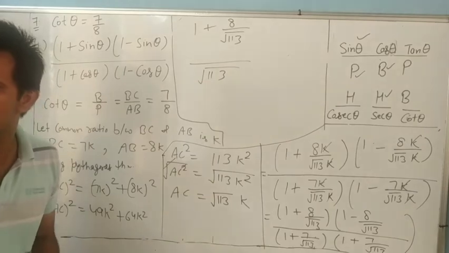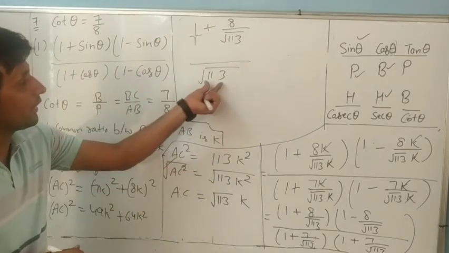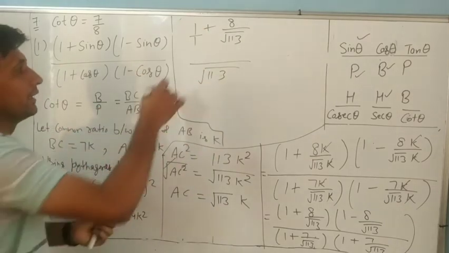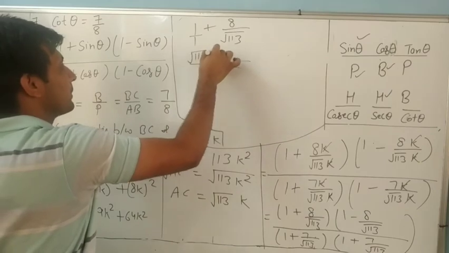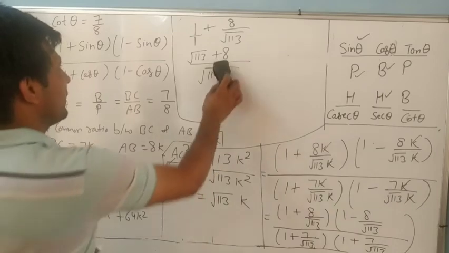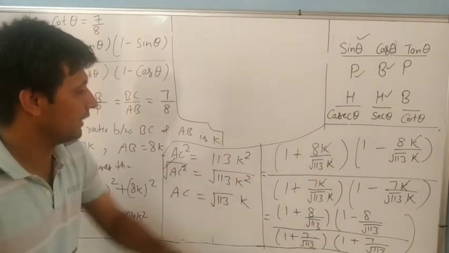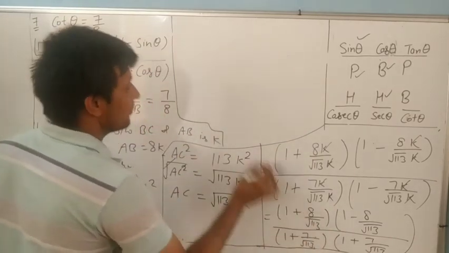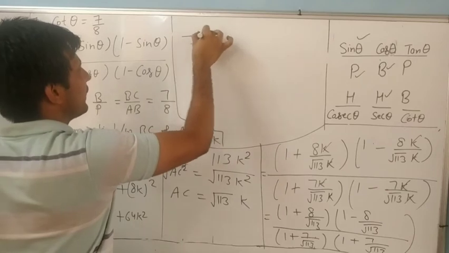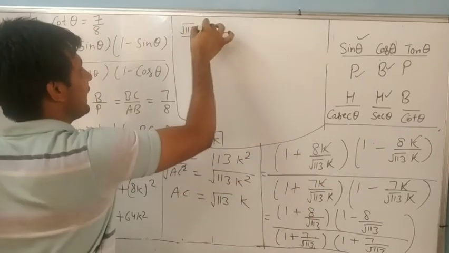Same as it is. So 1 by 1, it is 1, or not? So root 113 divided by 1, same number, and multiply by 1 again. It will come root 113 plus 8, or not. Okay dear, so I am writing it down. Look, what is the fraction? The LCM is root 113 and it becomes root 113 plus 8.